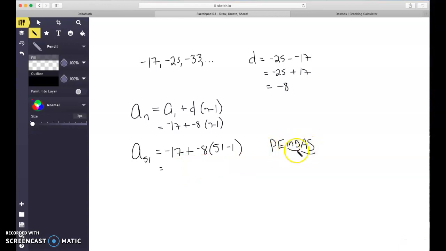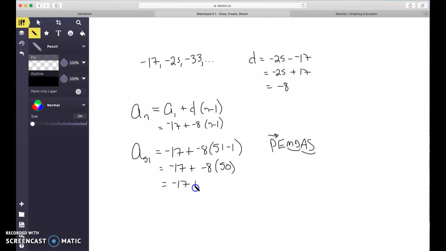So I'm going to follow order of operations, and do what's inside my parentheses first, right, because I'm simplifying. So 51 minus 1 equals 50. Next, there's no exponents, so I do my multiplied or divided terms.